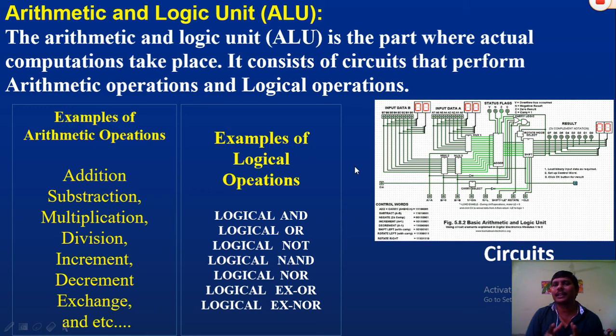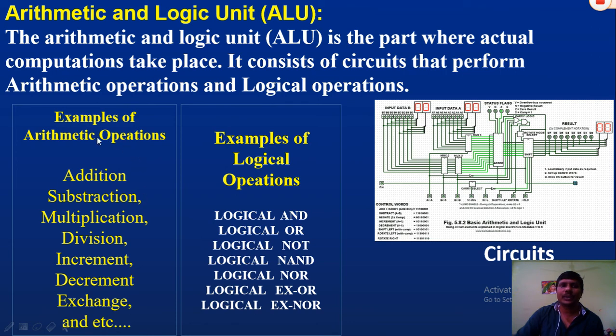The next one is the arithmetic and logic unit. This arithmetic and logic unit is one of the parts in the CPU. Its function is all the actual computations, like arithmetic operations and logical operations. All the actual computations are done by the ALU using its circuits.